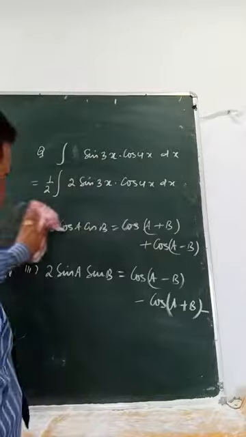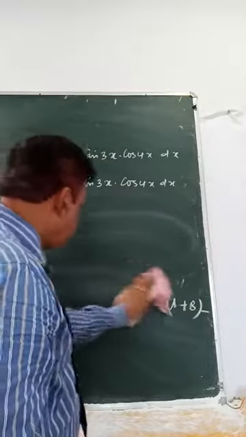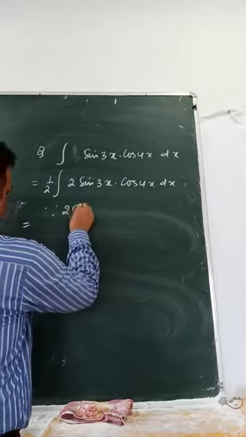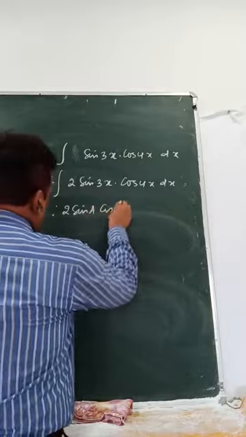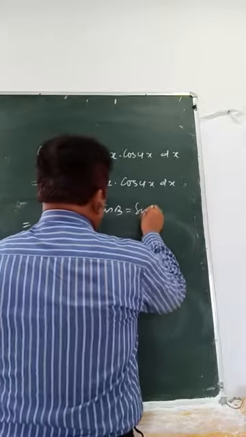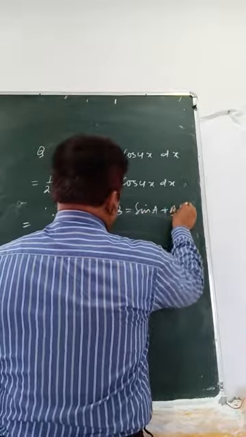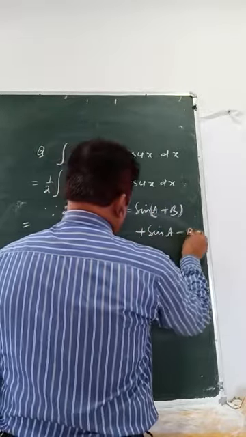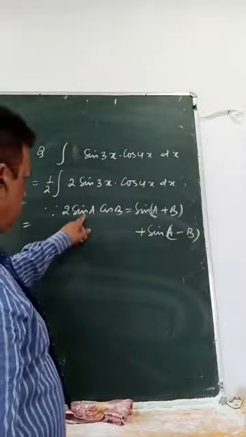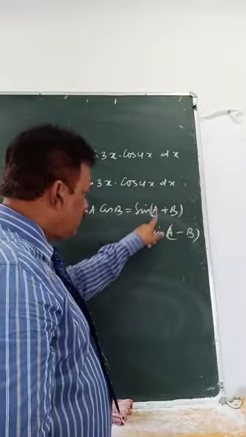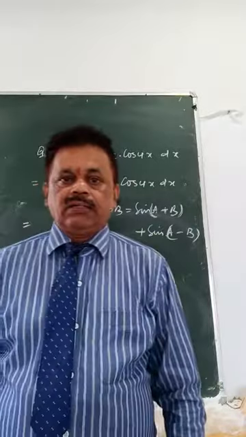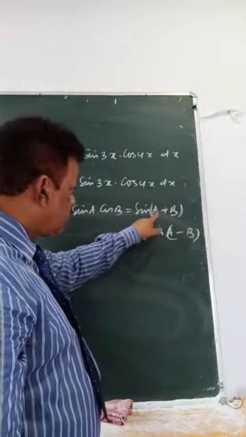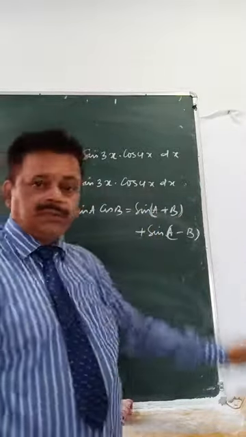That is half of, since 2 sin A cos B equals sin(A plus B) plus sin(A minus B), means product you are splitting to sum form. That is the only clue you are getting here. Product form you cannot integrate. If you use the formula, it will convert to sum functions.